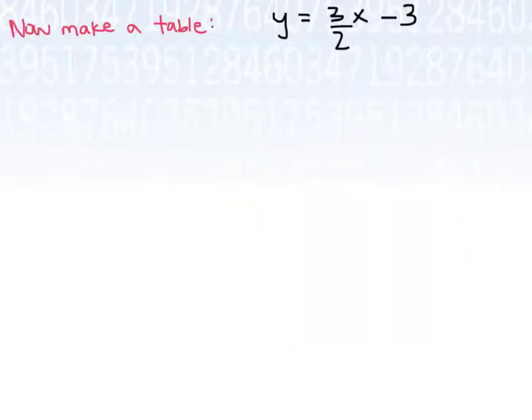After you've solved the equation for y, your next step is to make a table. When I make a table, it's going to help me organize my information as I find it.